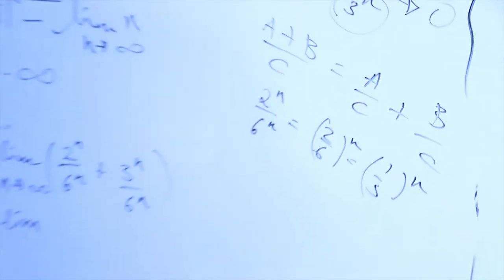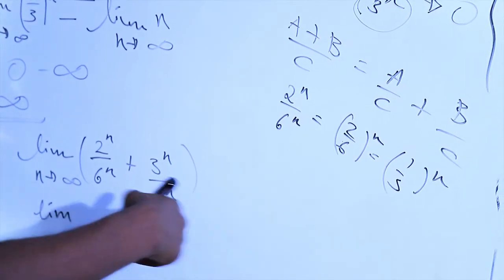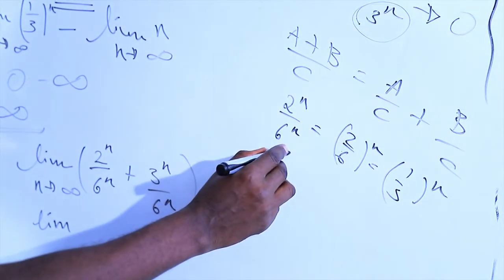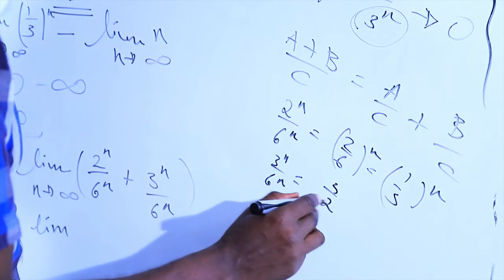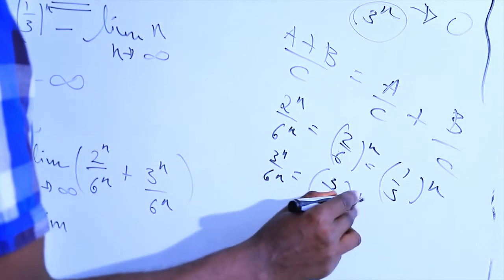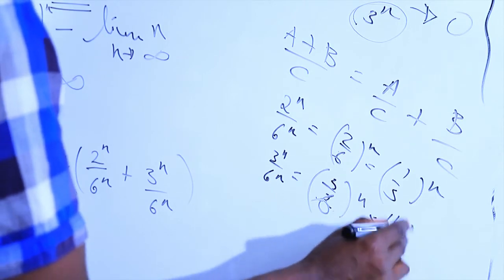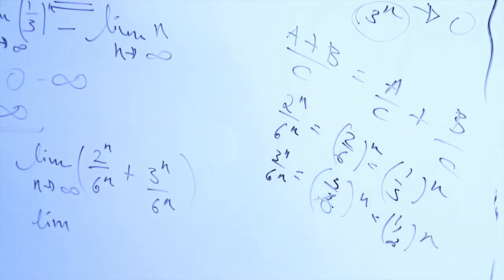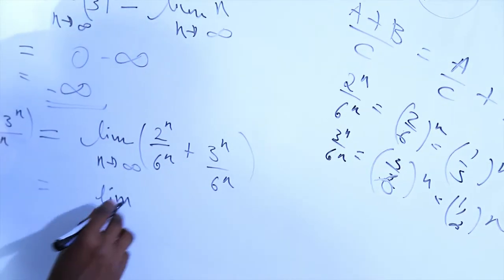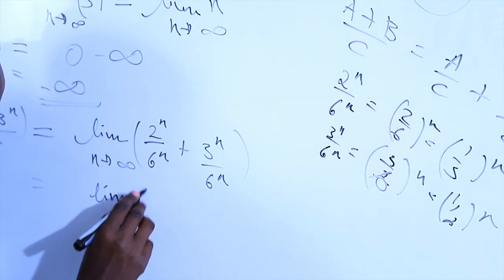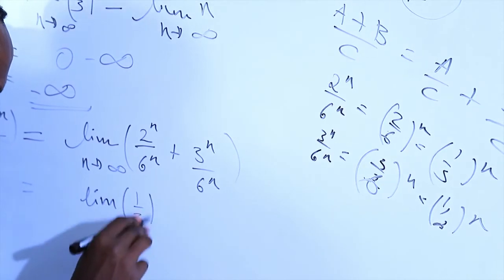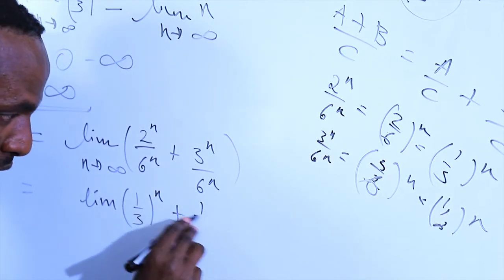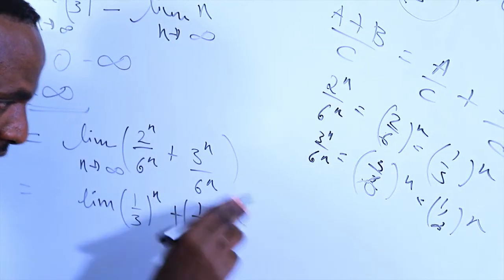In the same fashion, 3 to the power of n over 6 to the power of n means 3 over 6 to the power of n, which equals 1 over 2 to the power of n. Therefore, this becomes the limit of 1 over 3 to the power of n plus 1 over 2 to the power of n.